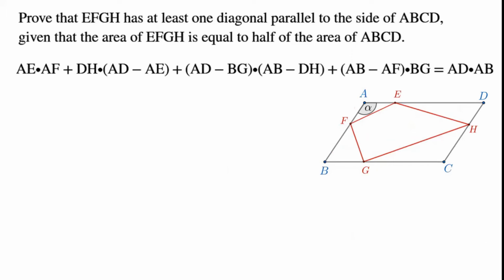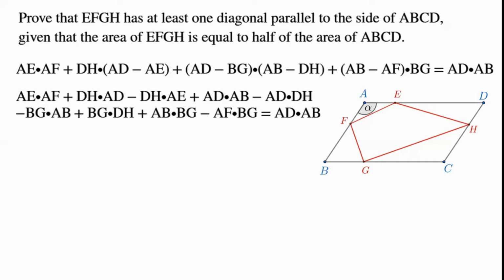So we have AE times AF plus DH times (AD minus AE) plus (AD minus BG) times (AB minus DH) plus (AB minus AF) times BG equals AD times AB.